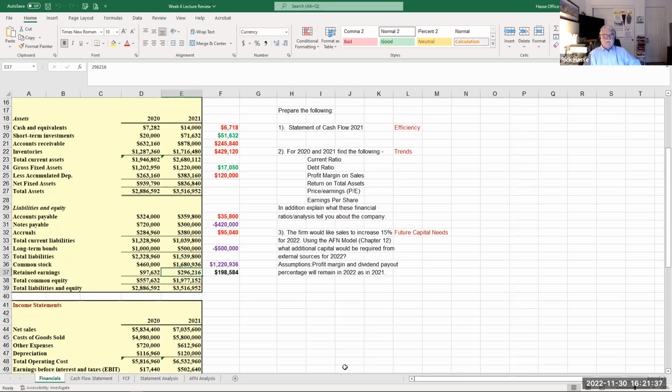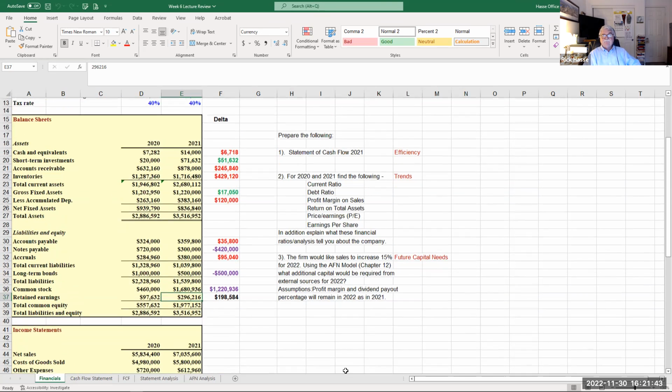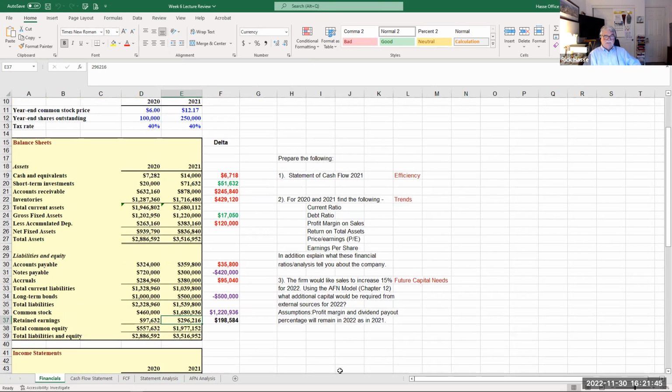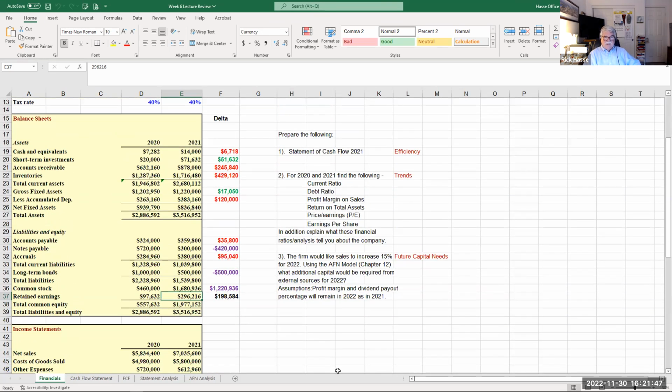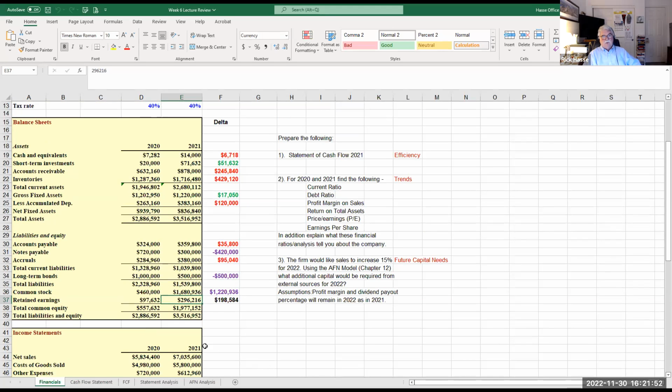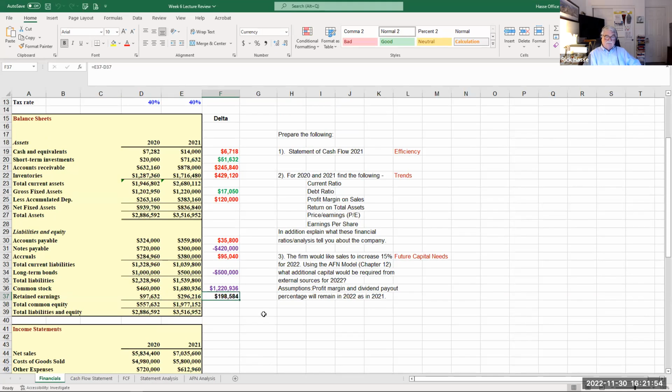Notice if I take a look at the deltas between 2020 and 2021 on this financial statement, and this is a real company, by the way, just the names have been changed to protect the innocent. Notice the delta of retained earnings from 2020 to 21 is $198,584. Well, where'd that number come from?